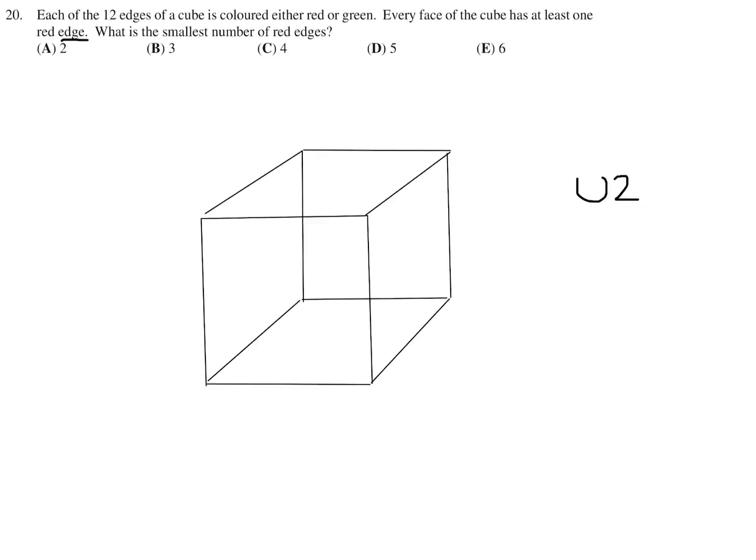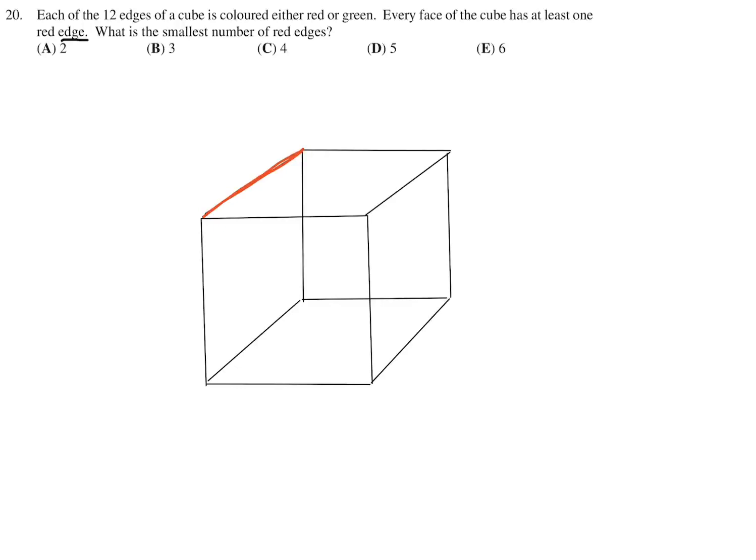So when we have an edge, what do we have to do here? We have to ensure that every face participates in that edge. So for example, if you're going to color, let's say, this edge red, that means that the faces have to include it.